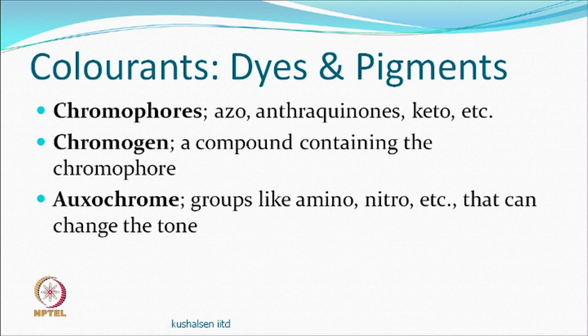Then there are auxochromes, which are smaller functional groups which can be attached at para, meta, or ortho positions of a dye molecule. They can change the tone. Let us say a blue can be a different blue or a red can be a different red if we keep playing around with some of these groups.